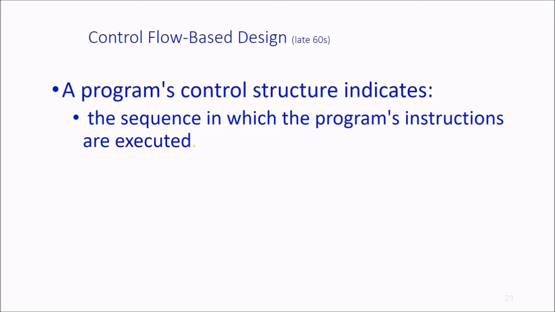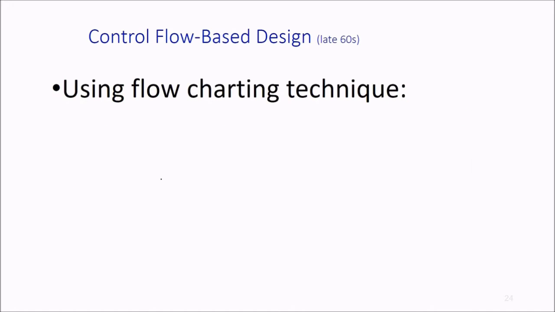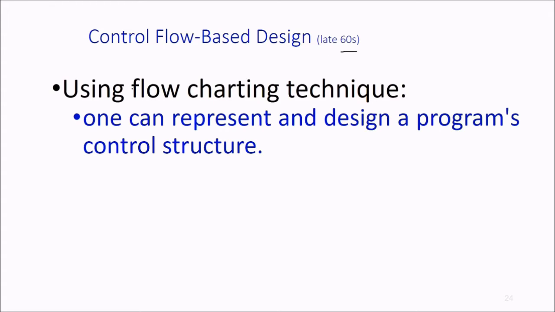Programmers' control structure indicates the sequence in which the program's instructions are expected to be executed, and also helps design programs having good control structure. And then something was developed, which we call the flow charting technique. Again, this is all happening in the late 60s. Using flow chart techniques, one can represent and design a program's control structure.